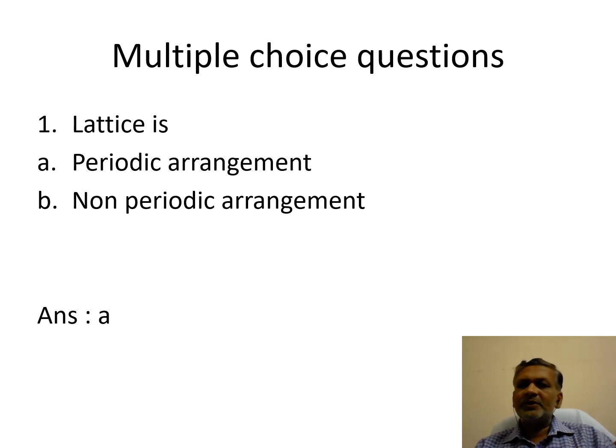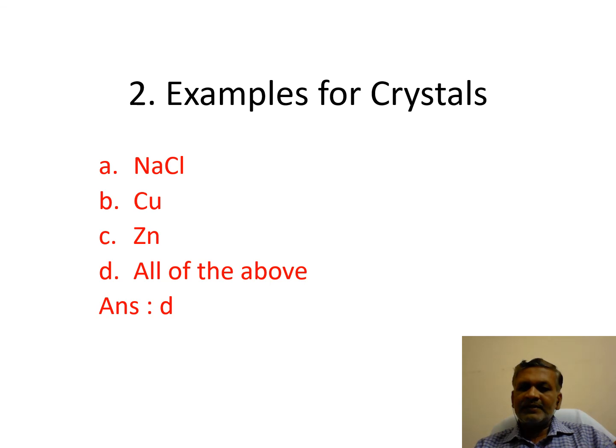Here are a few multiple choice questions connected with today's discussion. Is a lattice a periodic arrangement or a non-periodic arrangement? The answer is that it is a periodic arrangement, answer A. Examples of crystals are sodium chloride, copper, zinc, or all of the above.